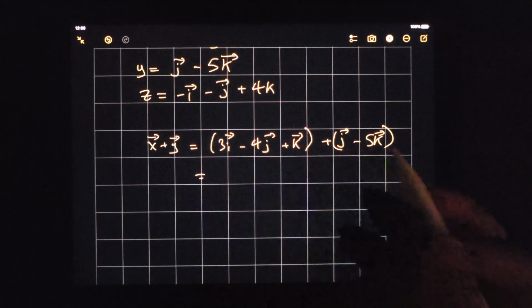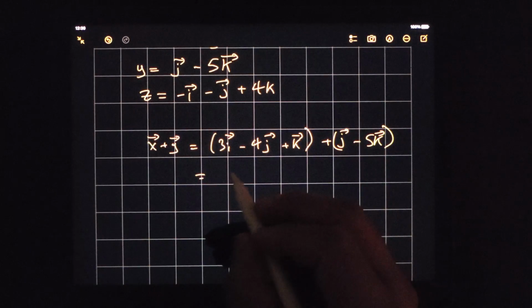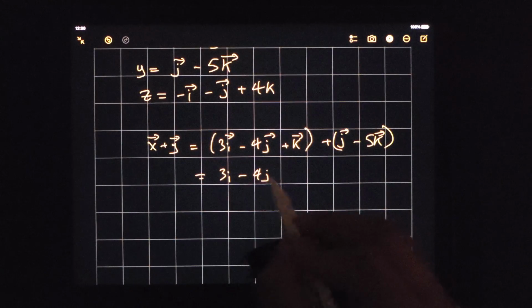So again, if you were to open this up, you would get 3i minus 4j plus k.